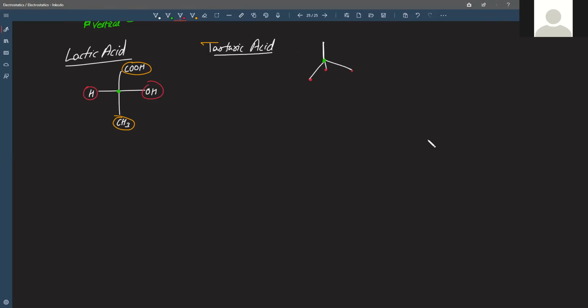Your perspective, yes, so that is important, and we have just simplified that to a configuration where we'll be showing 2 at the back and 2 at the front and 1 in the plane. So that representation is called Fischer representation, in which the groups which are at the back will be shown on the vertical line, and the groups which are in the front will be shown on the horizontal line. Right.